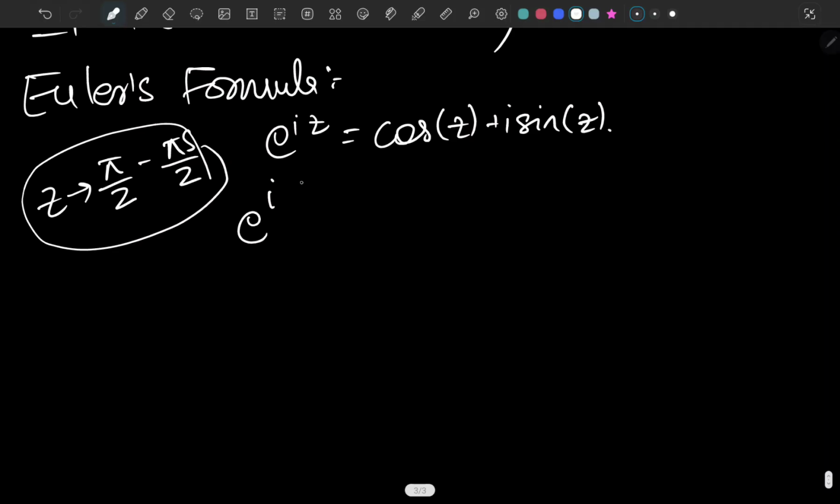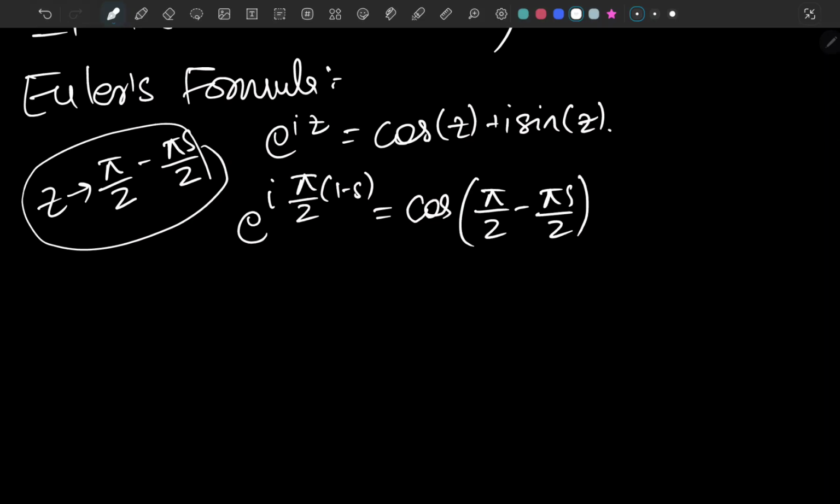So it's e to the i pi over 2 times (1 minus s) equals cosine of (pi over 2 minus pi s over 2) plus i sine of (pi over 2 minus pi s over 2).